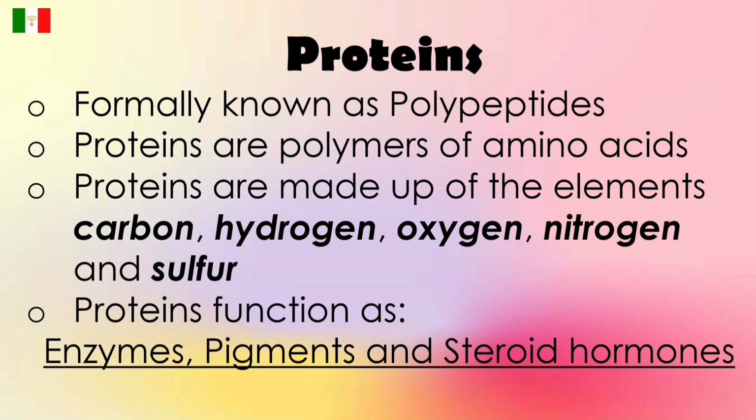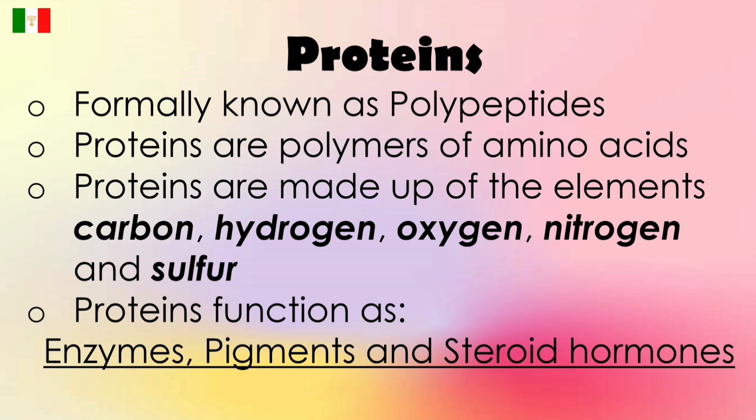Egg white, fish, meat, and cheese are foods rich in proteins. They are the second most common molecules found in the human body and make up about 10% to 20% of the mass of a cell.